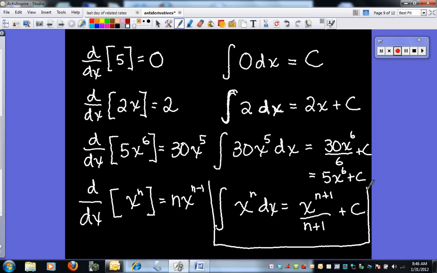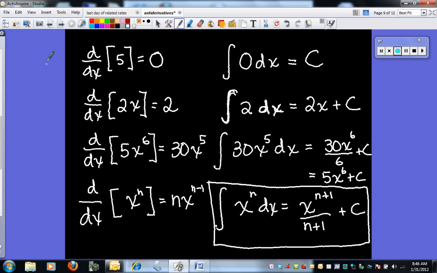If you remember back when we did derivatives, we had a chart where we had the function, we had to maybe rewrite it, take the derivative, and then simplify. We're going to have a similar type of situation here.